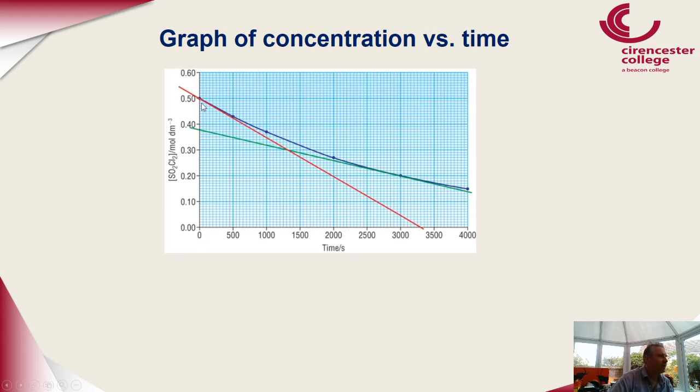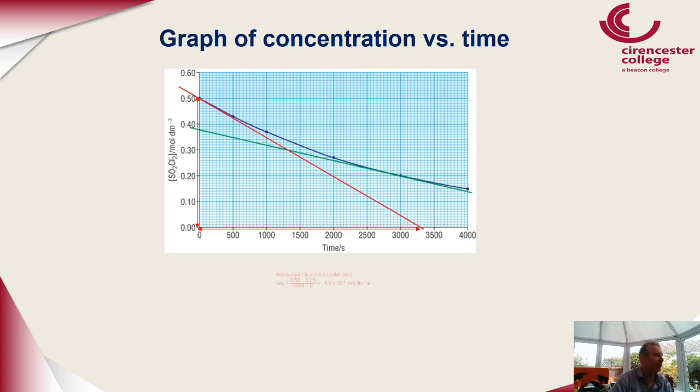rate at time 0, and also at time 3000. So the red line is the one for 0, and the green one is the one for 3000. The red line is fine, because it crosses the x and the y axis.